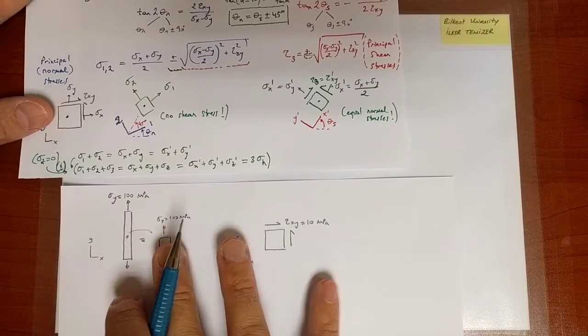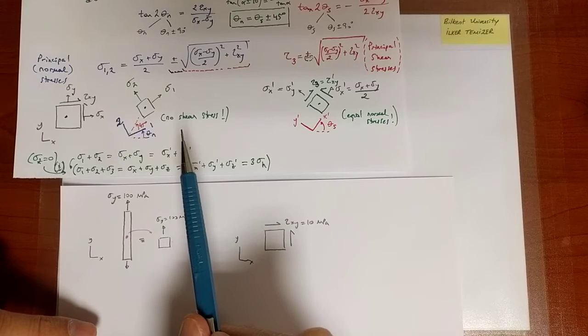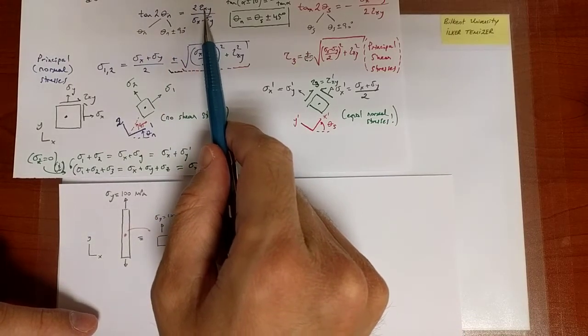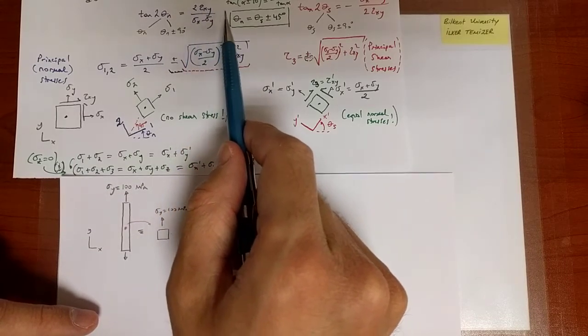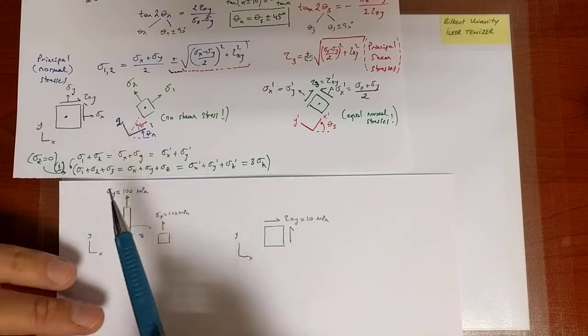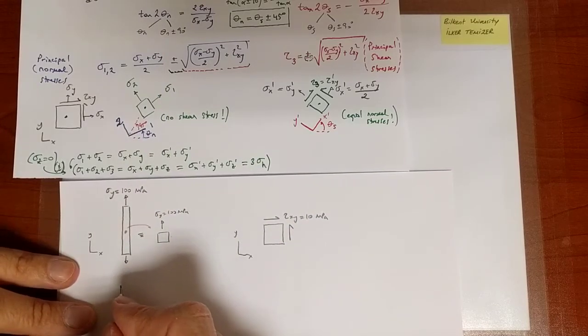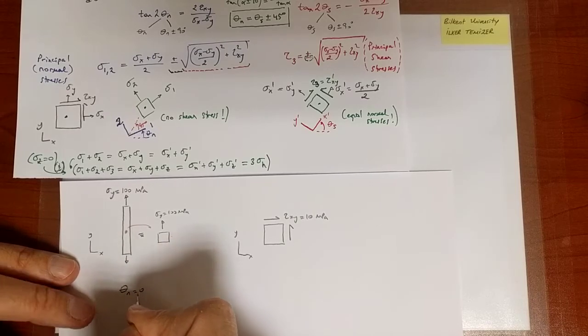First of all, I can observe that sigma x is 0, sigma y is non-zero, but in particular tau xy is 0, and therefore tau xy being 0 delivers an overall result of 0 for tangent of 2 theta n. Hence theta n in this particular case is equal to 0.